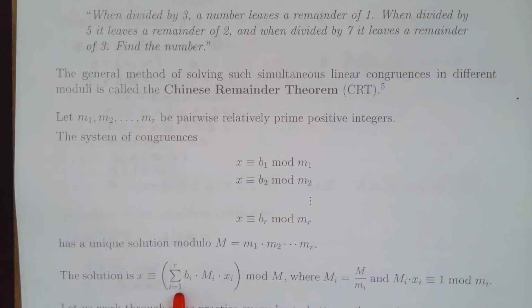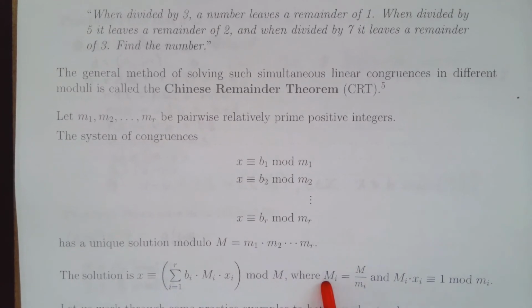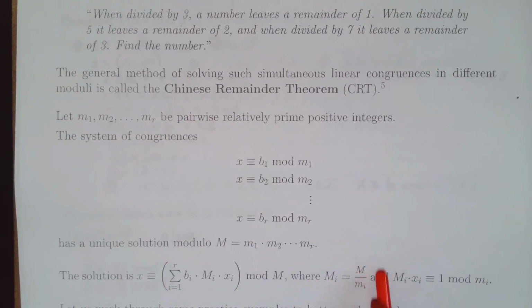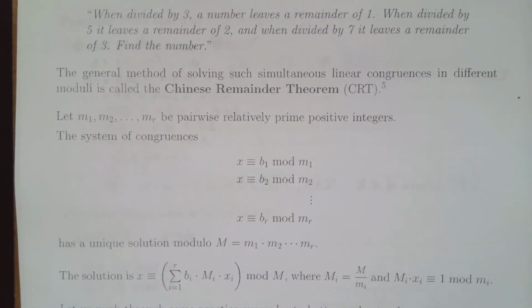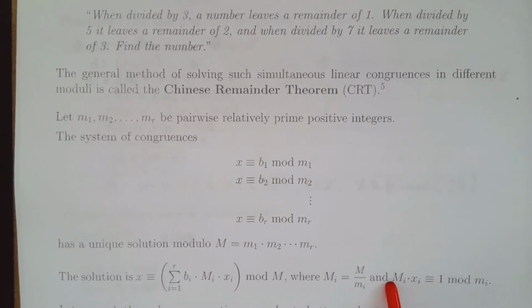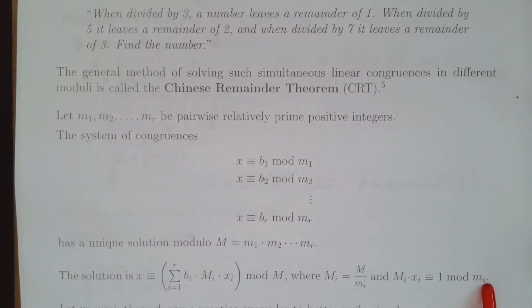sum from i equals 1 to r of b sub i, capital M sub i, x sub i, mod capital M, where capital M sub i is capital M divided by your particular modulus, and x sub i is the solution to capital M sub i times x sub i being equivalent to 1 mod little m sub i.